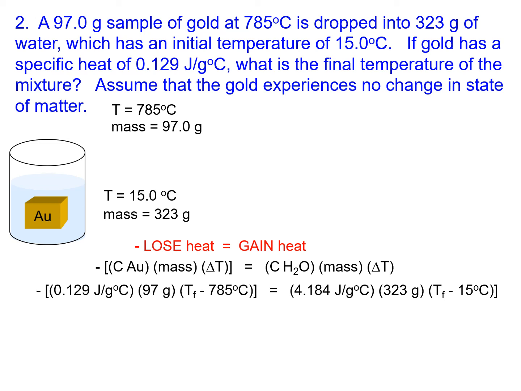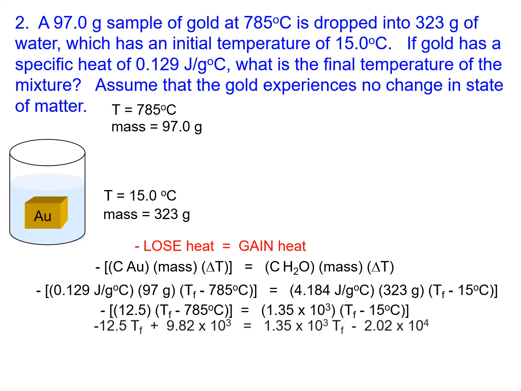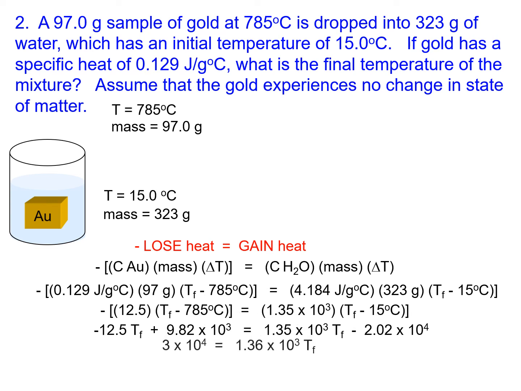On the gold, your specific heat is 0.129, the mass is 97, and your final minus the initial temperature of. You'll go ahead and solve that algebraically, and you'll finally find the temperature is 22.1.